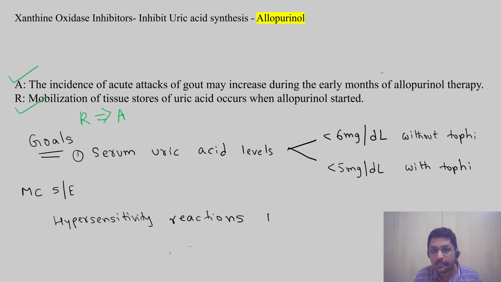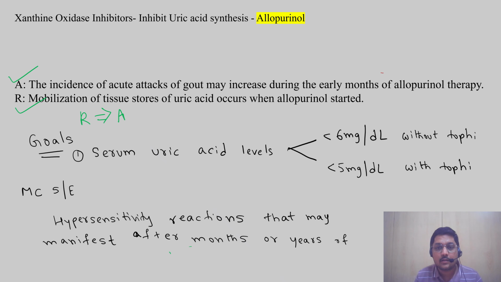When allopurinol therapy is used in a patient, yes, we may see it immediately, but usually allopurinol is notorious for this hypersensitivity reaction, which can manifest even after months or years of starting the therapy. This is the thing which we should remember about this allopurinol.